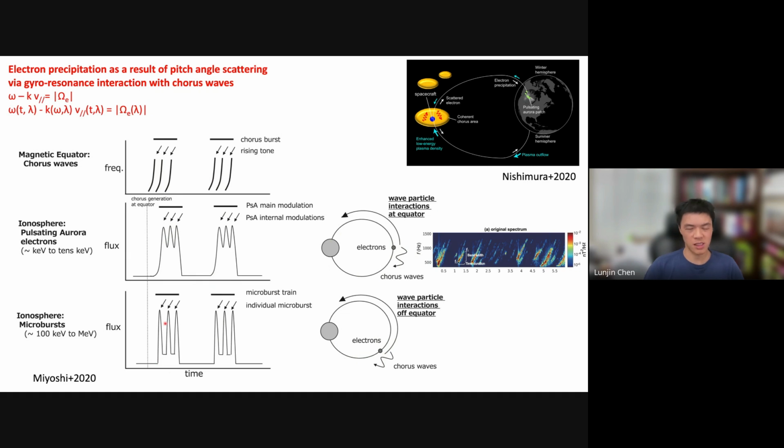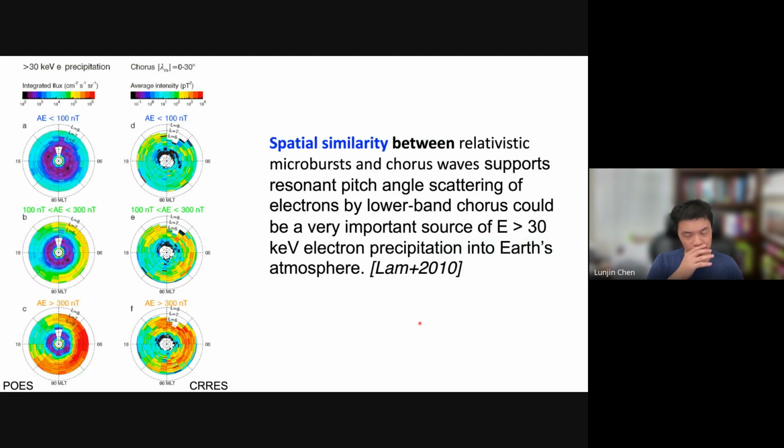So you start to see those smaller fine structure modulations and then larger scale pulsation, like turning on, turning off. So that is the overall summary of the physical process responsible for electron precipitation over a wide energy range.